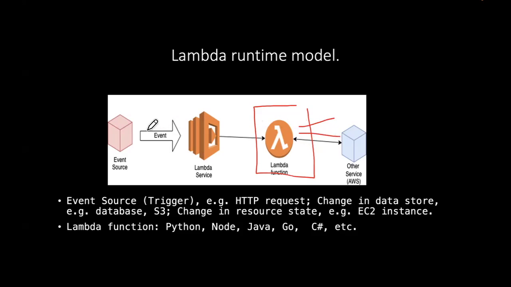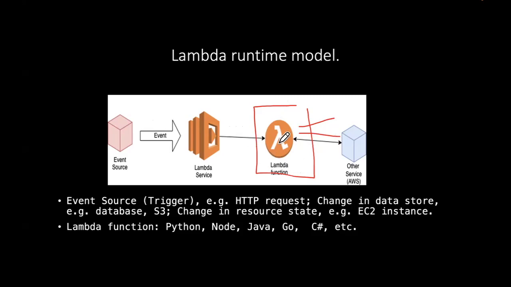Now, when that second event occurs and the same micro VM is used, then we refer to this second execution of the micro VM as a warm execution, which is the opposite of a cold execution. A cold execution is when it has to execute the initialization code and then the handler function.